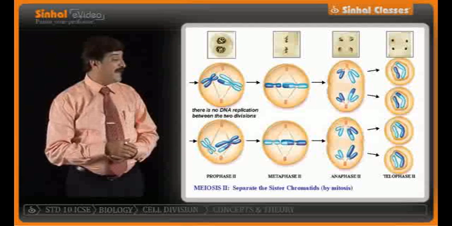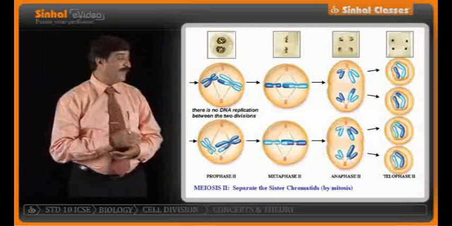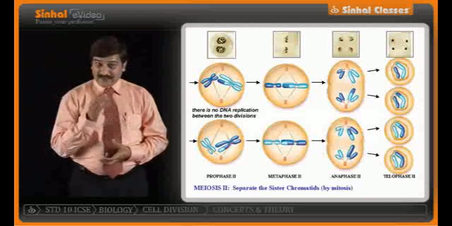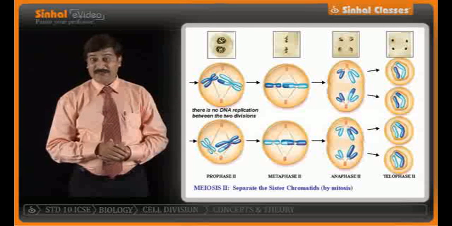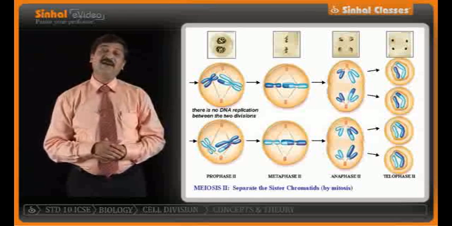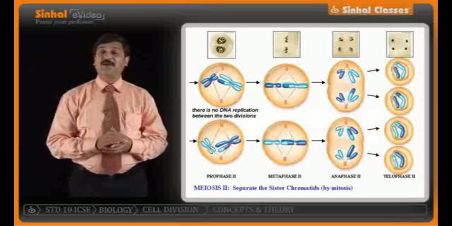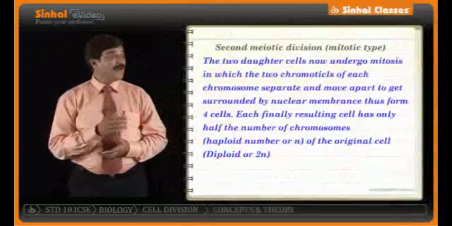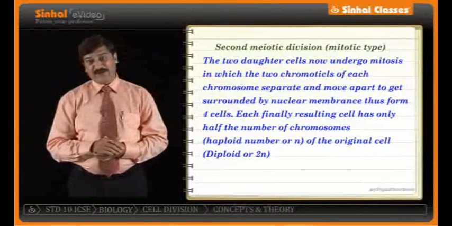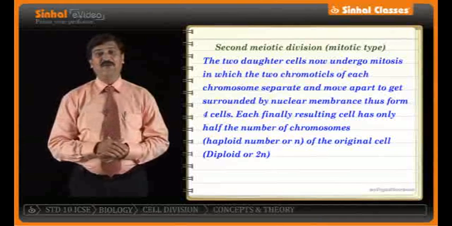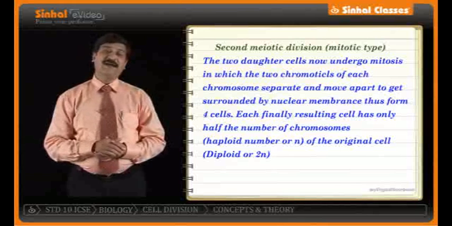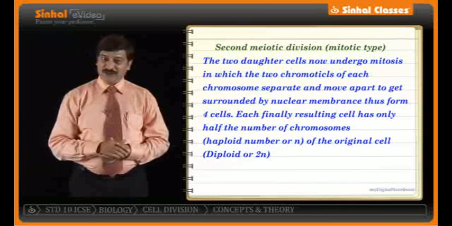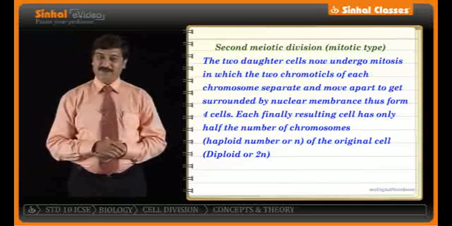Each finally resulting cell has only half the number of chromosomes, that is, the haploid number n, of the original, which was diploid, or 2n. So, in meiosis, we have the meiotic division 1 and the meiotic division 2. Along with that, we have also taken account of the chiasmata formation, or crossing over. Here, we complete the part of meiosis.